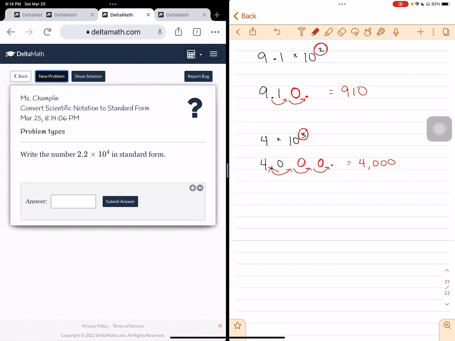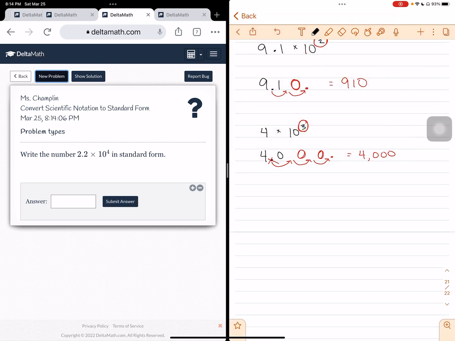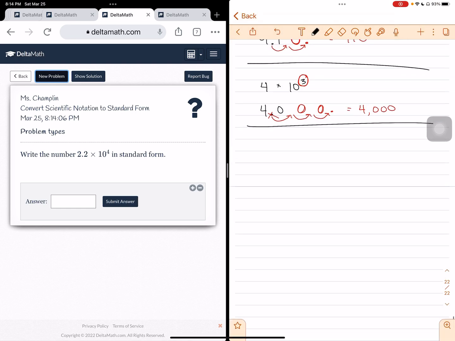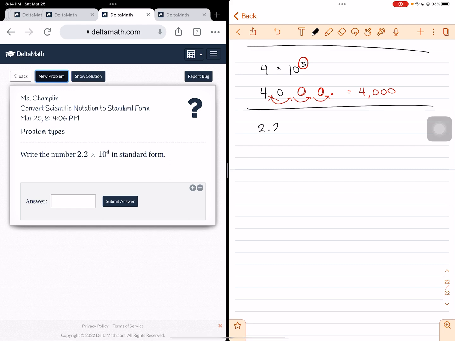All right, so 2.2 times 10 to the fourth. So again, you just take your number, and the fourth power is telling me to move it 4 times to the right. And anywhere where you have a jump that doesn't have a number, you need to put a 0 in there.